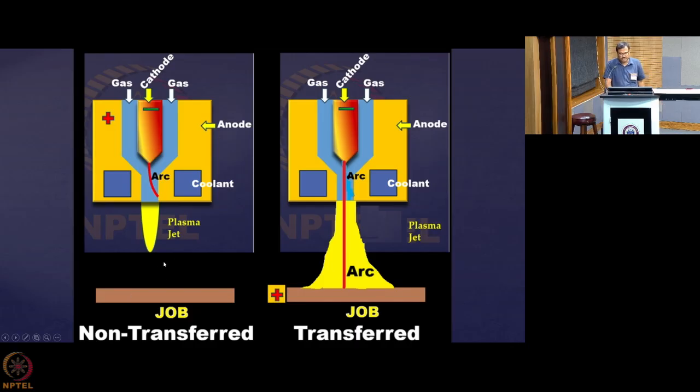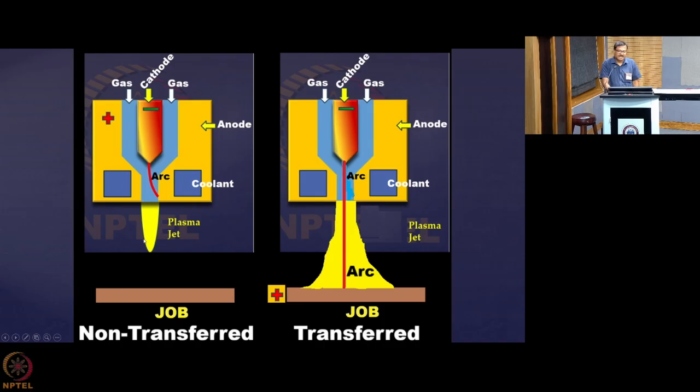One application I have shown you is plasma spray coating development. When you are going to do that, you take this configuration and inject some powder over here that gets melted in the plasma jet and is sprayed over the job. The coating is getting developed. Now here you see that no current is extending into the plasma jet.